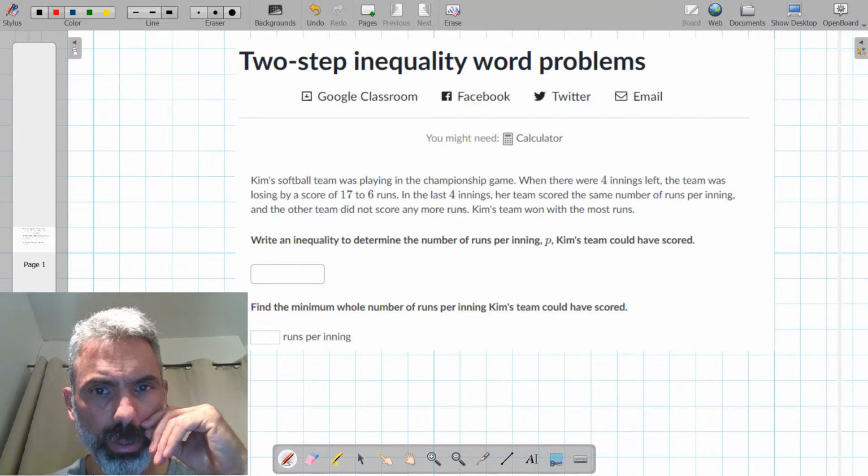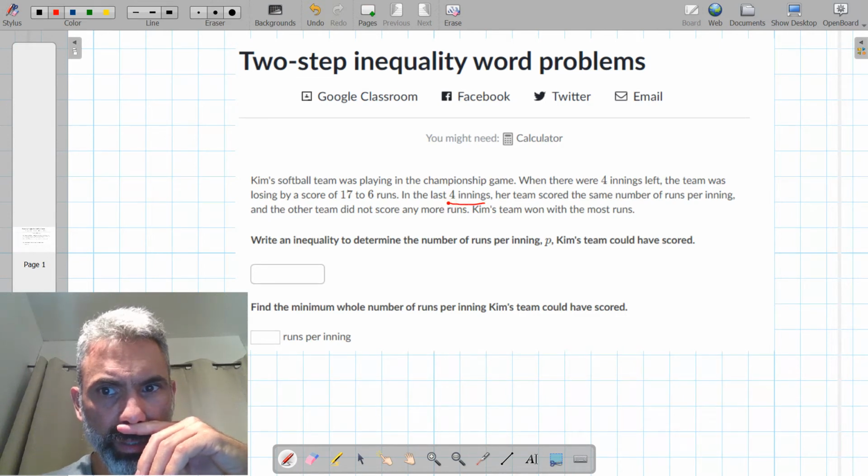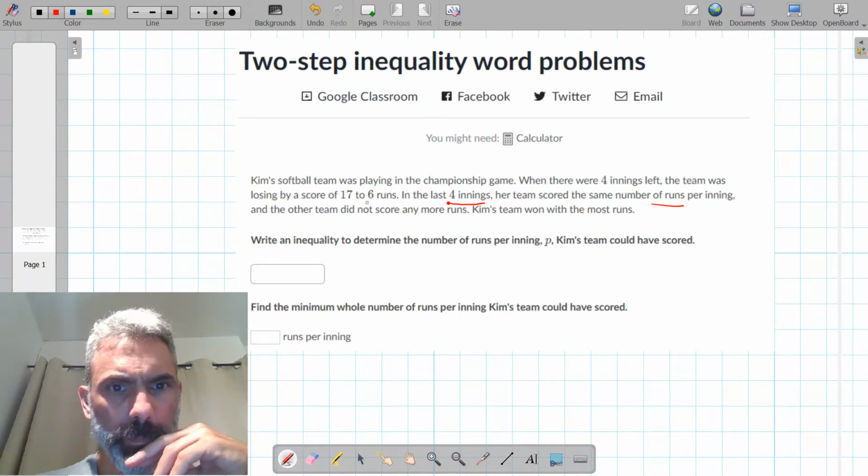So each inning they score the same number of runs. Okay, so the situation is we have 4 innings left.